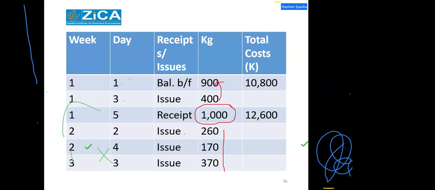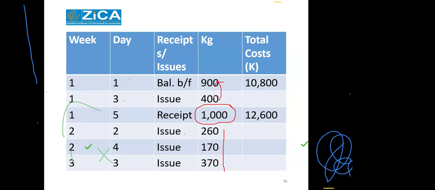But logically, if you don't want to produce a ledger card, all that we are saying is these issues totaling 800, 260 plus 170 plus 370 is 800, came from that 1,000. Since it's LIFO, they came from that 1,000. So what remained from the 1,000 is 200.